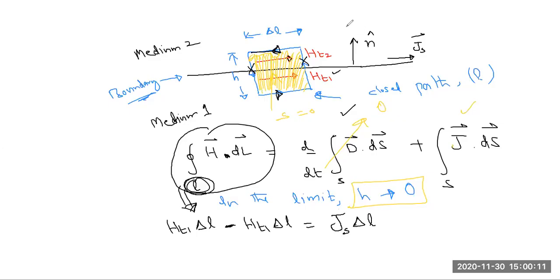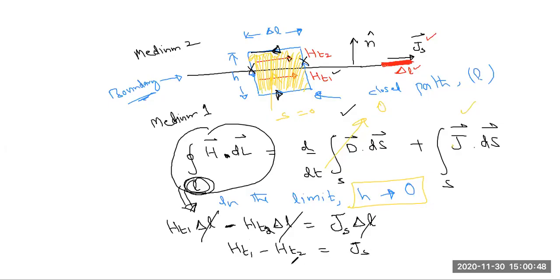So this delta L cancels out. So we end up with HT1 minus HT2 equal to Js.